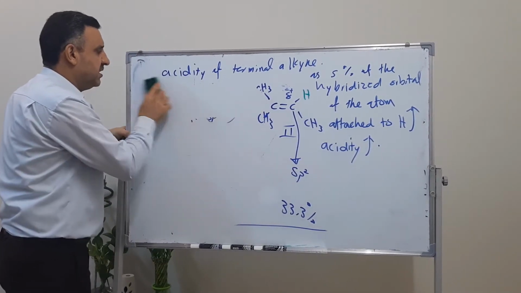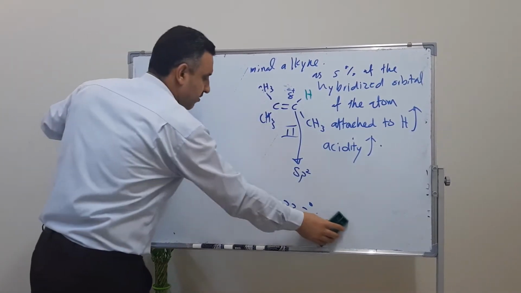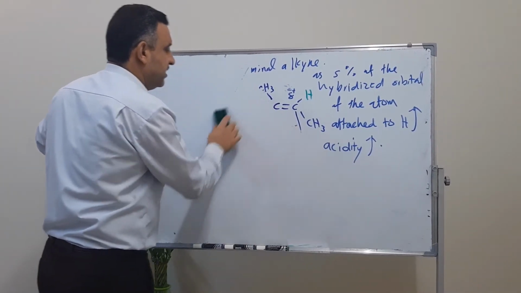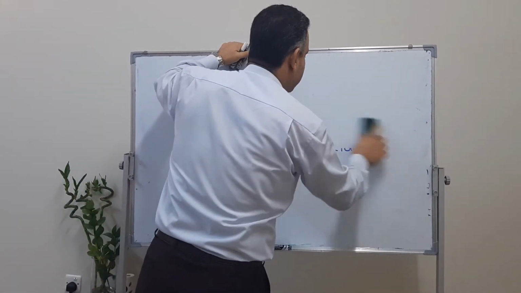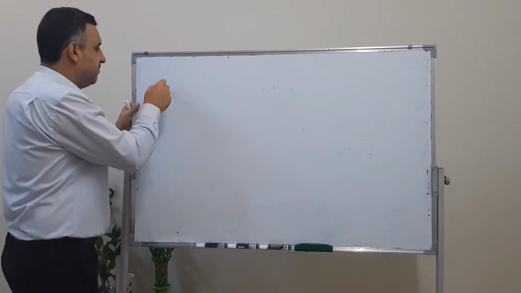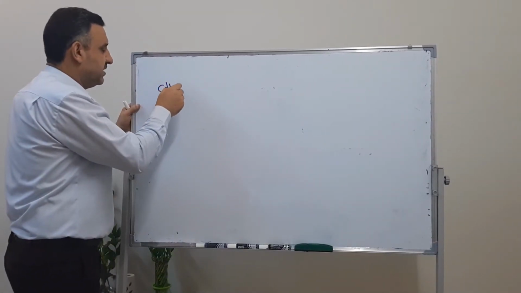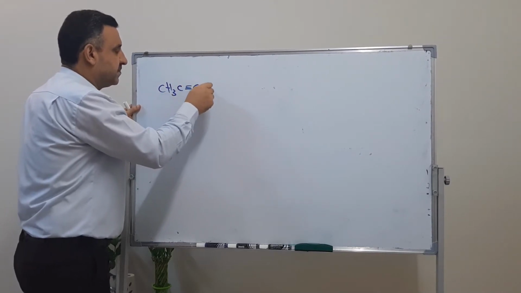So we said terminal alkynes have significant acidity, and we can benefit from this acidity. How? Suppose you have this terminal alkyne, CH3, C triple bond, CH.